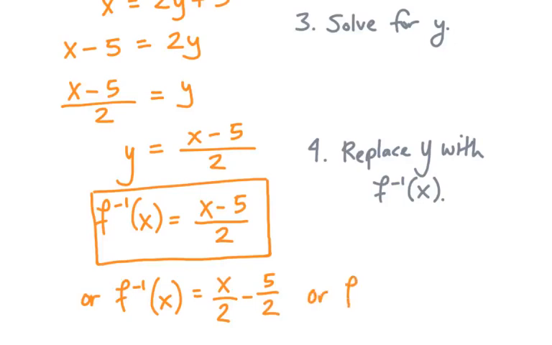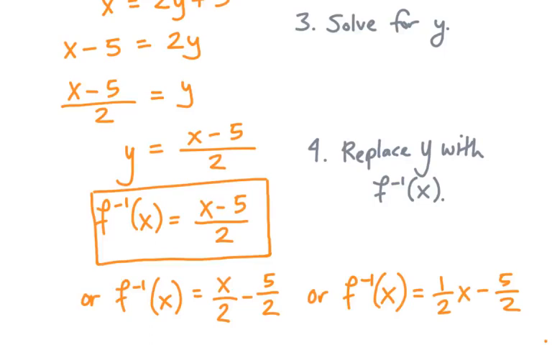Or you may even see folks take this same inverse function and write it as 1/2 x minus 5 over 2, just to separate out the x term a little bit. So please take your pick. All three of those solutions we just wrote down are equally good in my mind. So do what feels most comfortable.